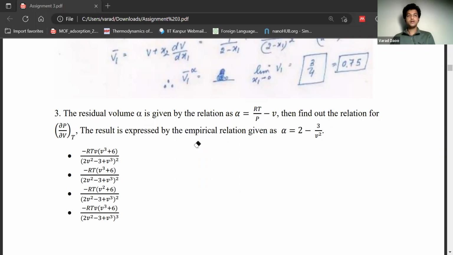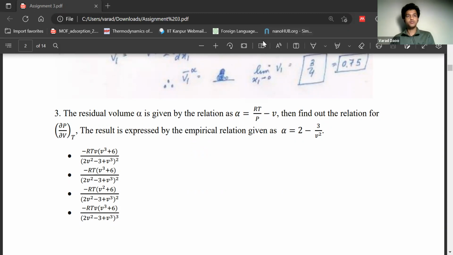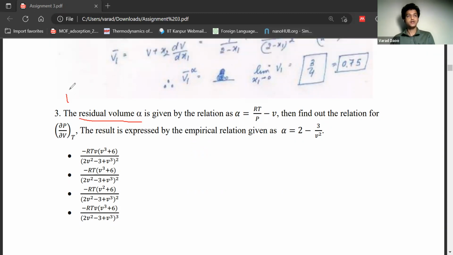Try to remember, this is residual volume, this is VR. Just try to remember the VR has been given as this, right? This is the ideal gas volume minus the real volume. So that is the definition of VR.